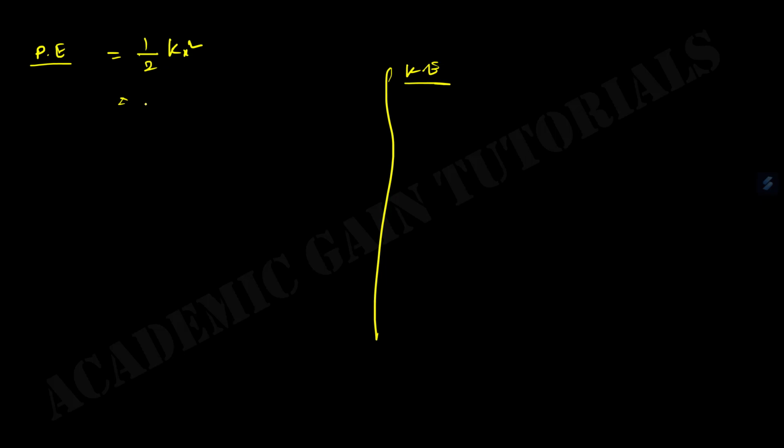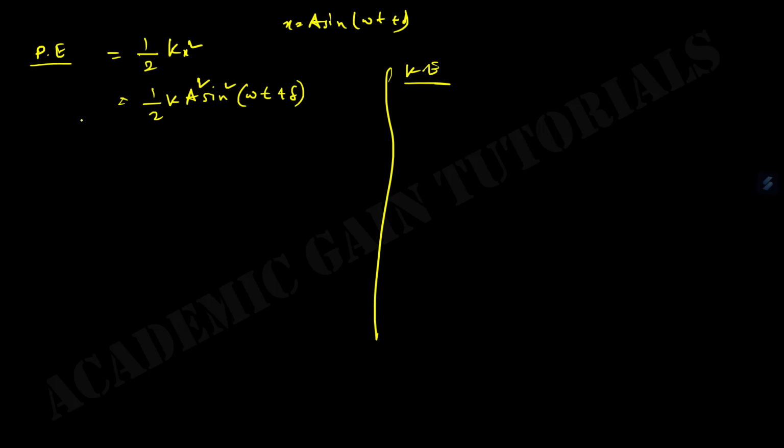And I know the displacement equation is x equals a sine of omega t plus delta. So I can write this as a square sine square of omega t plus delta.